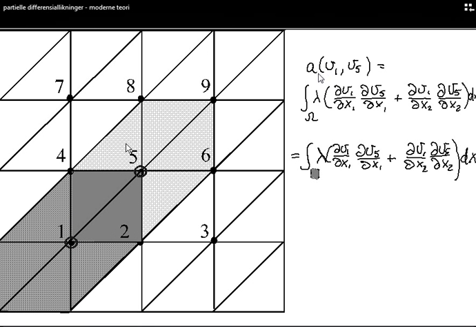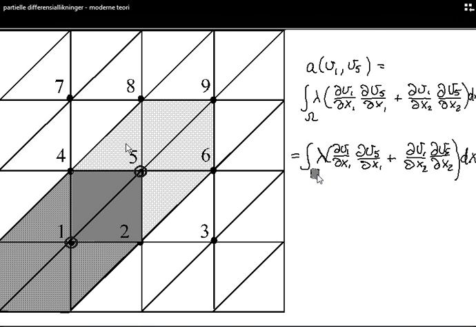However, the pairing of v1 with v5 is different. Now you see that the support of the basis function v5 intersects with the support of our basis function v1, and the intersection is this area, which we have illustrated by this square and this color.